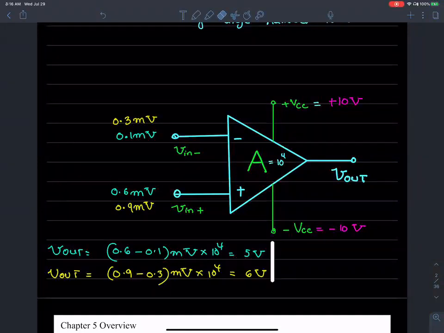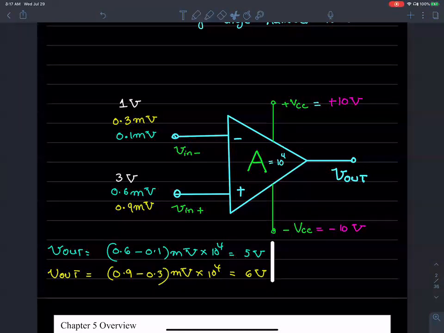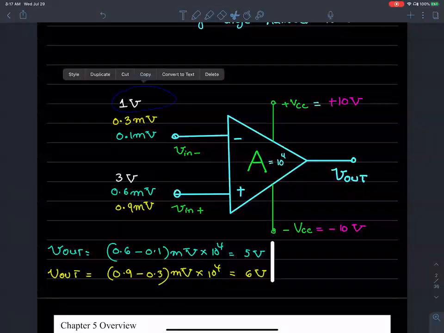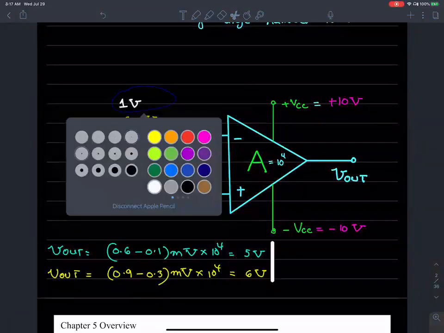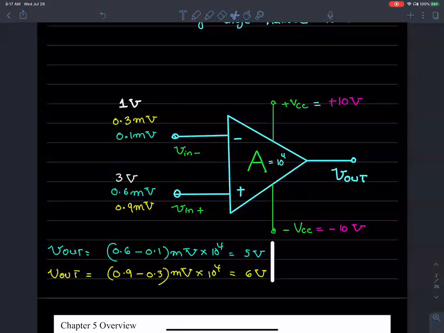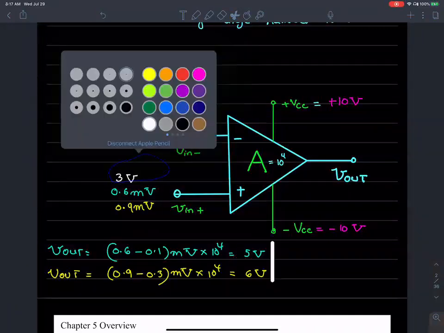I'll pick a value of 3 volts over here, and I'll pick a value of 1 volt over here. Okay, what do you think happens to the output? What would be the value on the output?